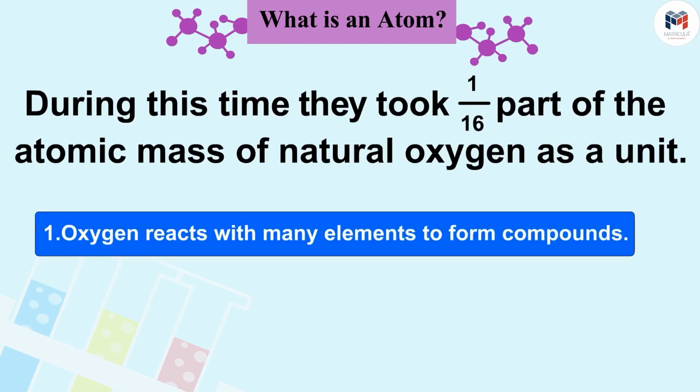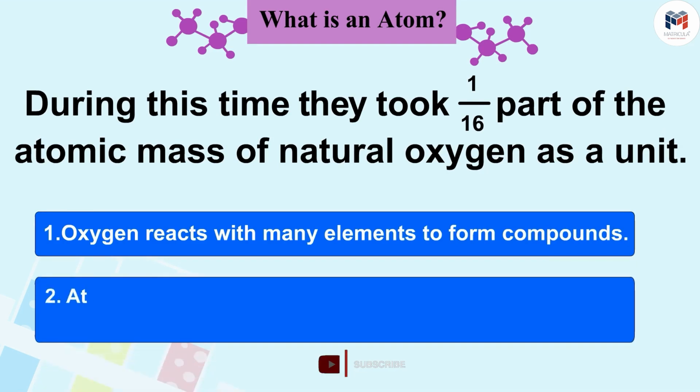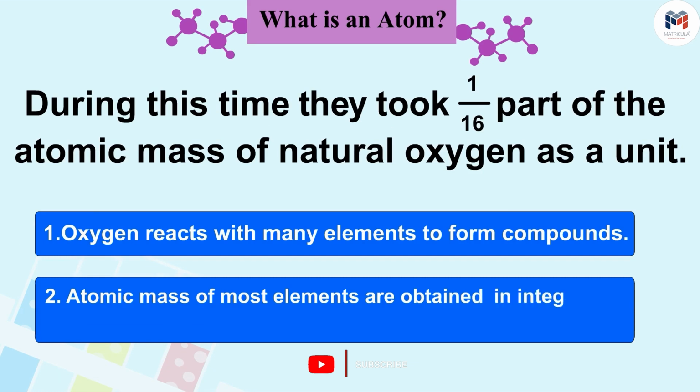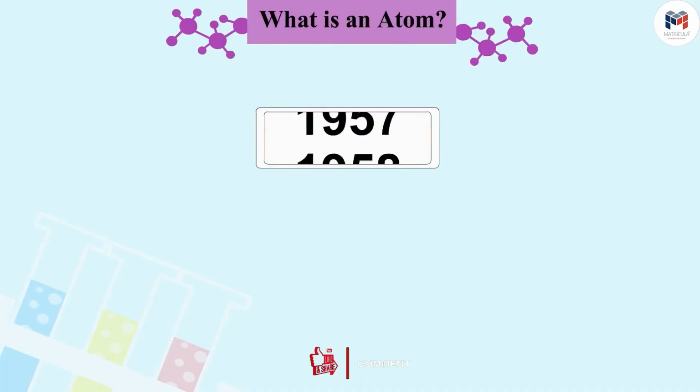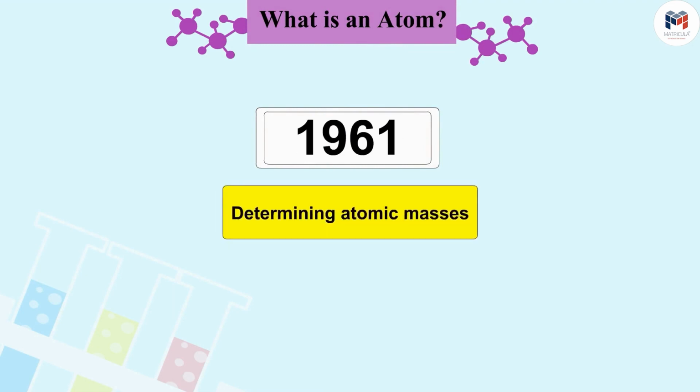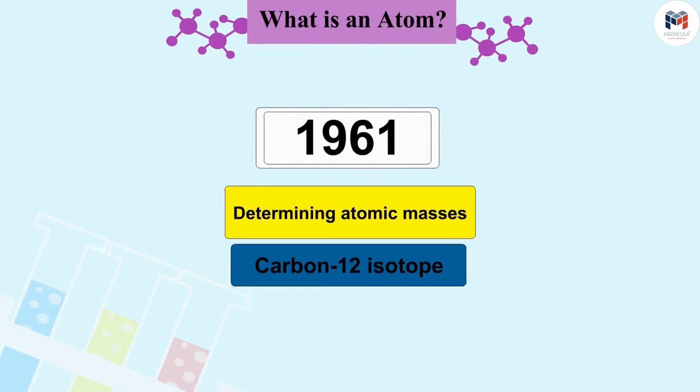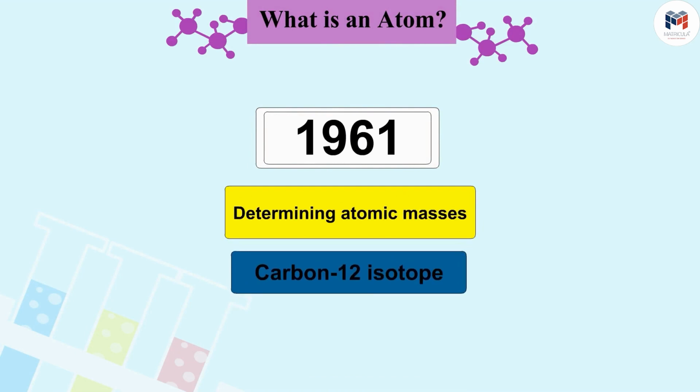Oxygen reacts with many elements to form compounds. 2. Atomic mass of most elements are obtained in integers by this atomic mass unit. However, in 1961, the atomic mass unit carbon-12 isotope was universally accepted as a standard reference for determining atomic masses.